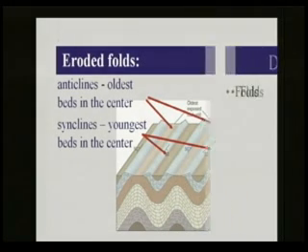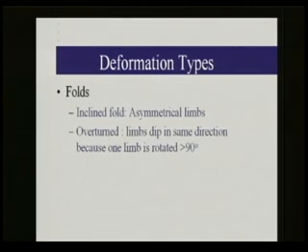Now, again, folds aren't naturally nicely exposed in cross-section on the Earth's surface, and they don't always occur nice and symmetrically. Instead, we can have inclined folds which have asymmetrical limbs. We can have overturned folds, and this occurs when the limbs dip in the same direction because one limb has been rotated more than 90 degrees.